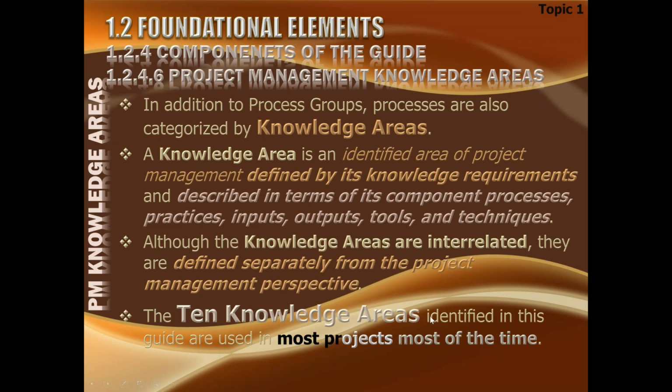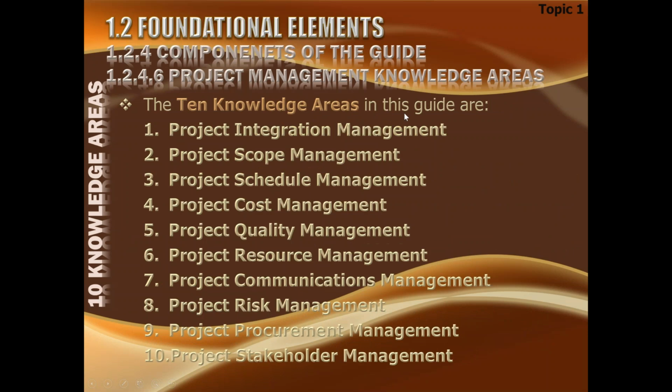So there are 10 knowledge areas identified in this guide and used in most projects most of the time. These are the 10 knowledge areas: integration management, scope, time, which is called schedule, cost, quality, resource. The human resources is included in the resource, communication management, risk management, procurement management, and stakeholder management.